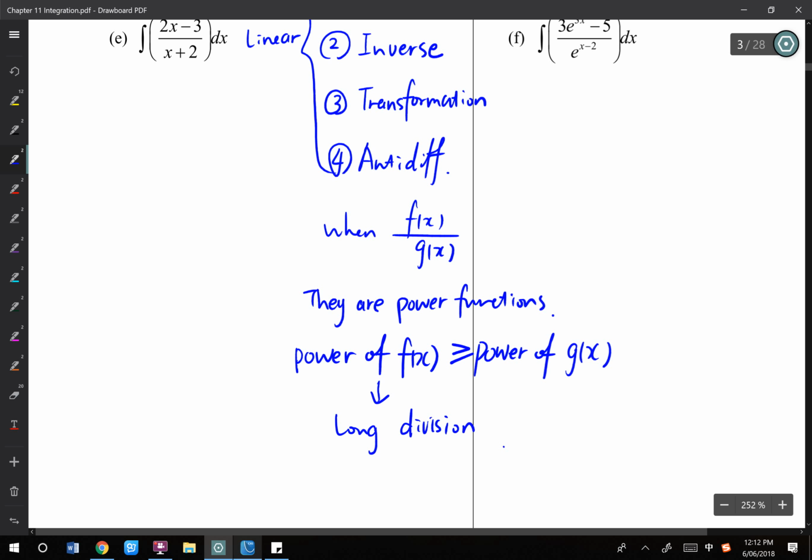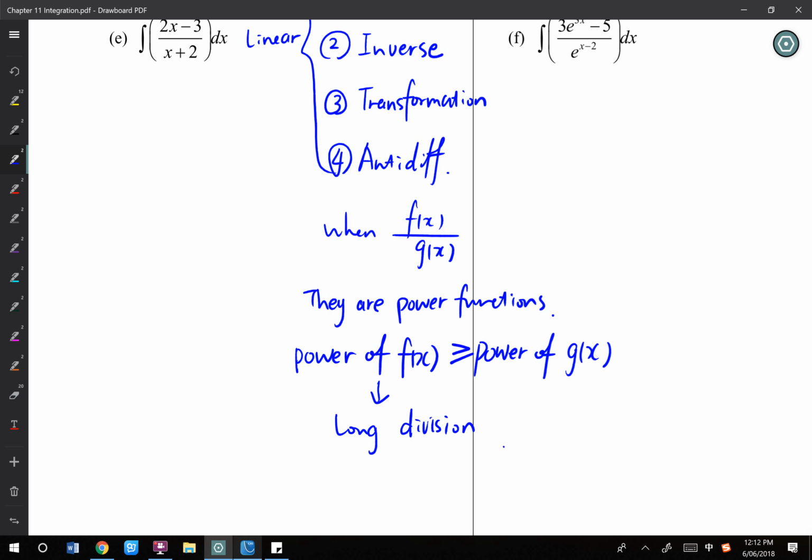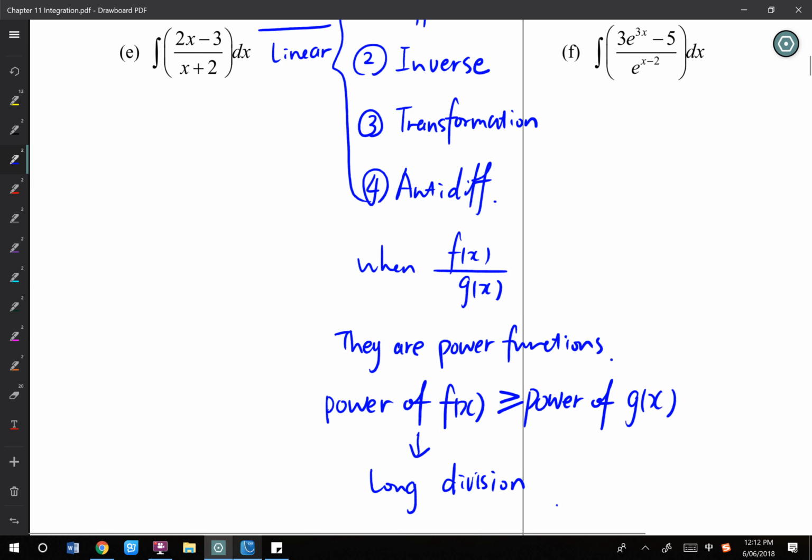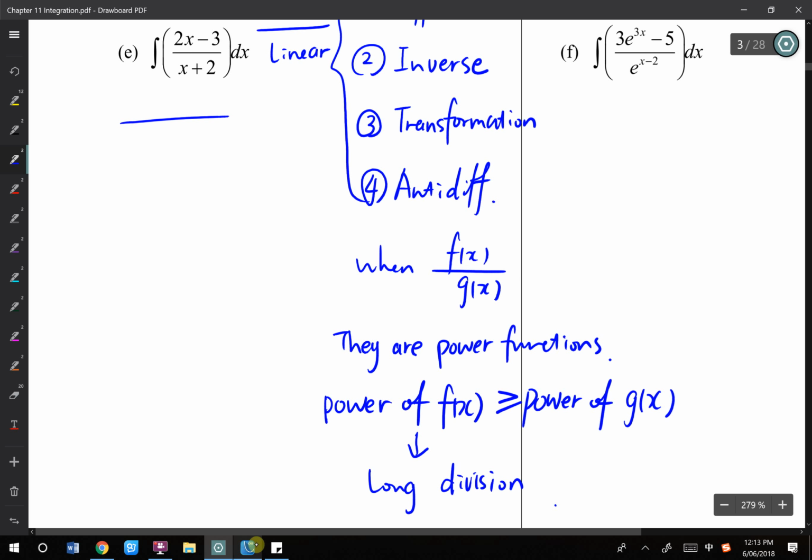It's not only linear divided by linear, it's just power of 1 and power of 1 on both top and bottom. That's why I need to do long division. You must do long division when the top order is larger than or equal to the bottom order. We need to do long division first. So obviously when I see this case I need to do long division.